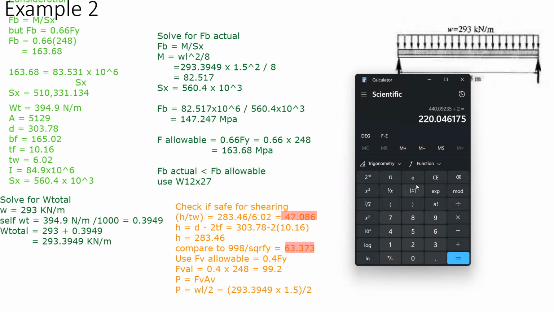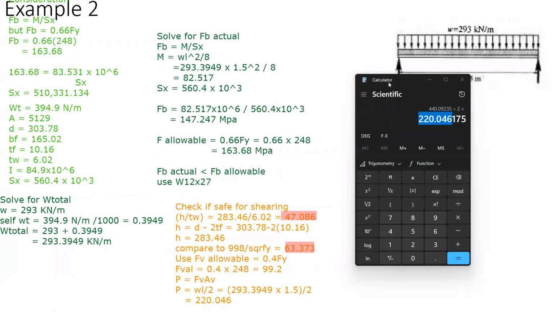So our P actual is 220.46. And we have P, we have AV. For AV, we could solve for AV.